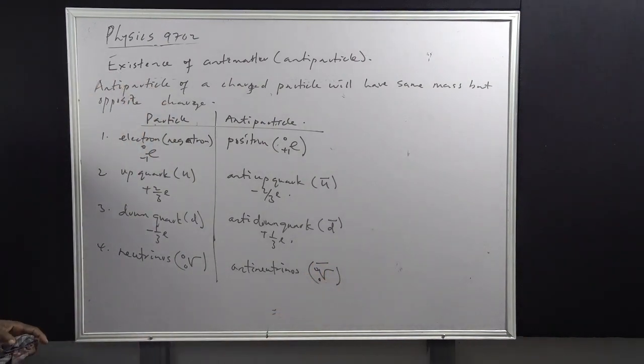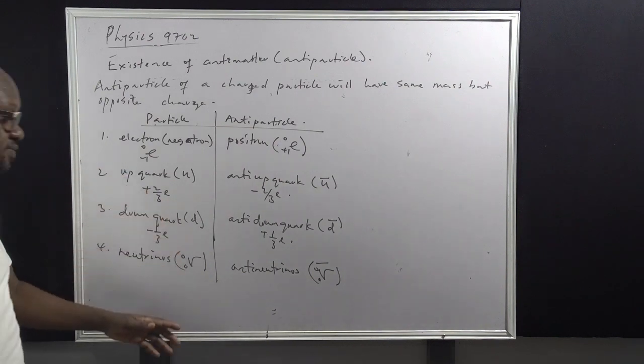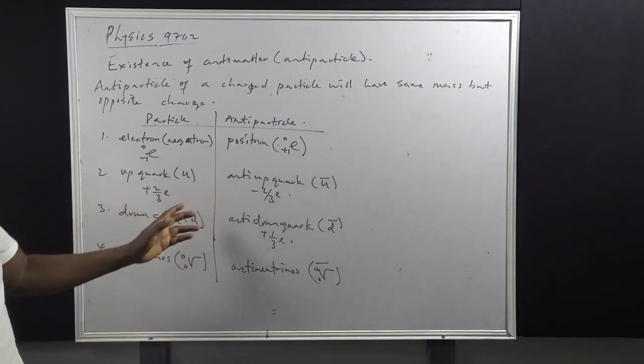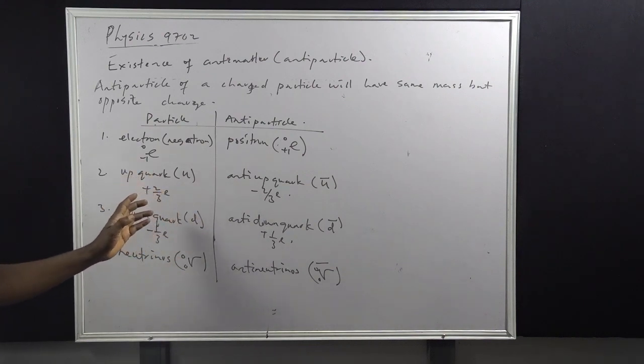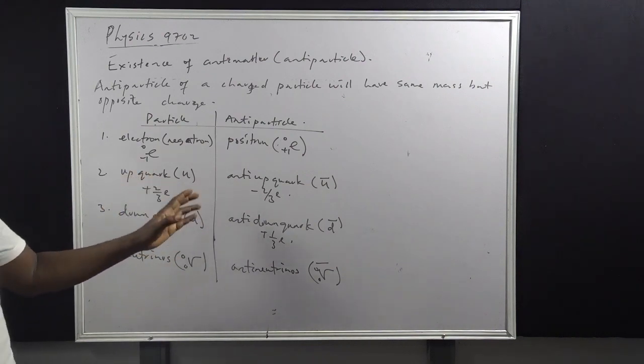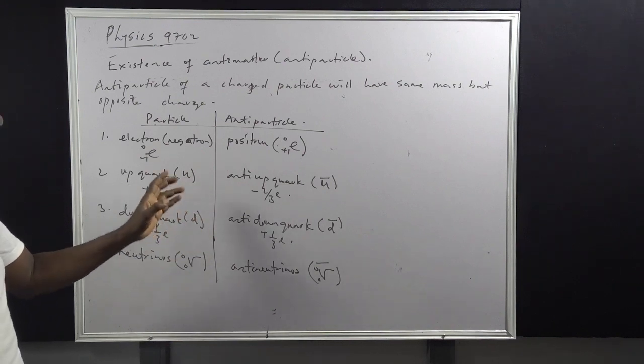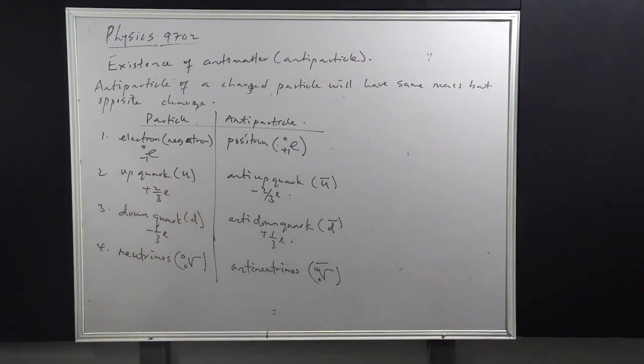These are some examples of particles and the antimatter. What this basically means is that every particle has its antimatter. So the antimatter of a charged particle will have the same mass but opposite charge.